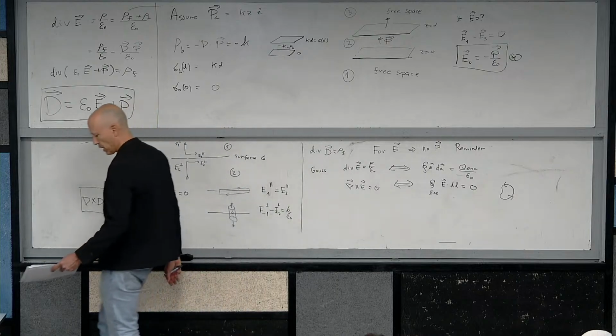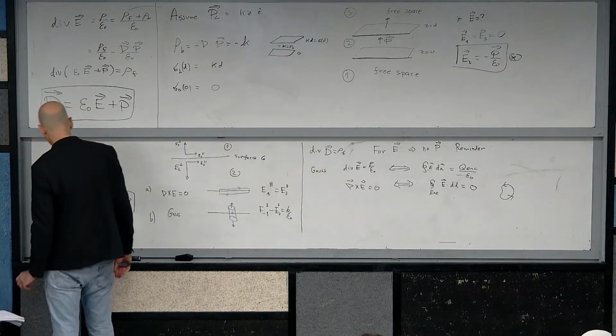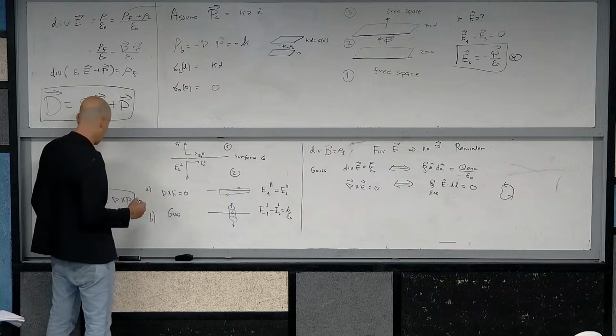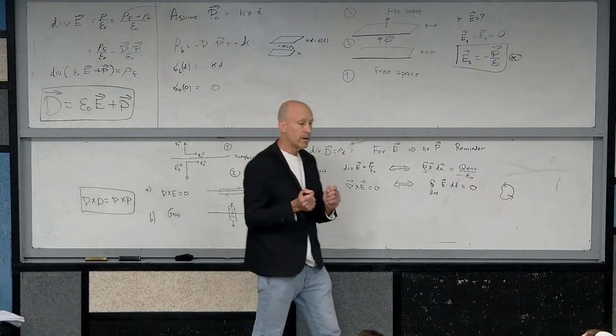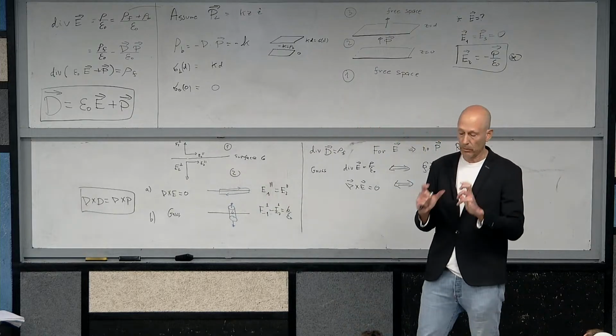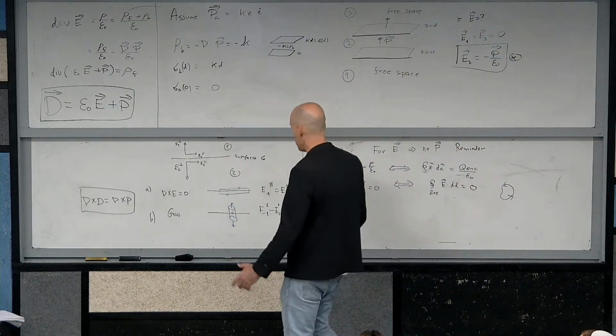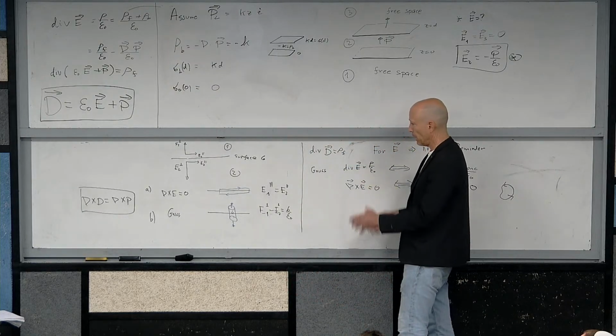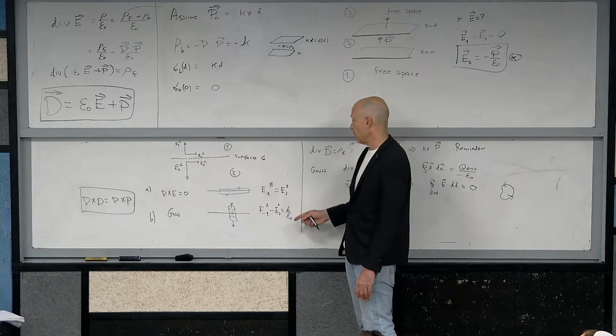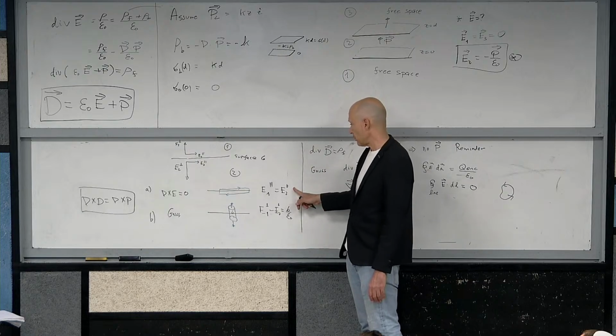So now what will change? Now the question is simple. We say what happens to E, but what we care about is what happens to D. And what will change here? Well, let us look at this law. Will this change?